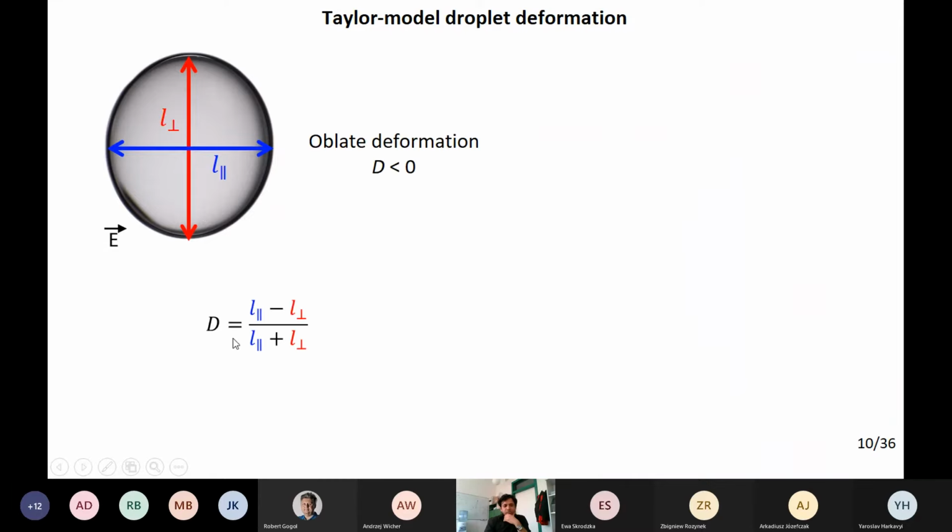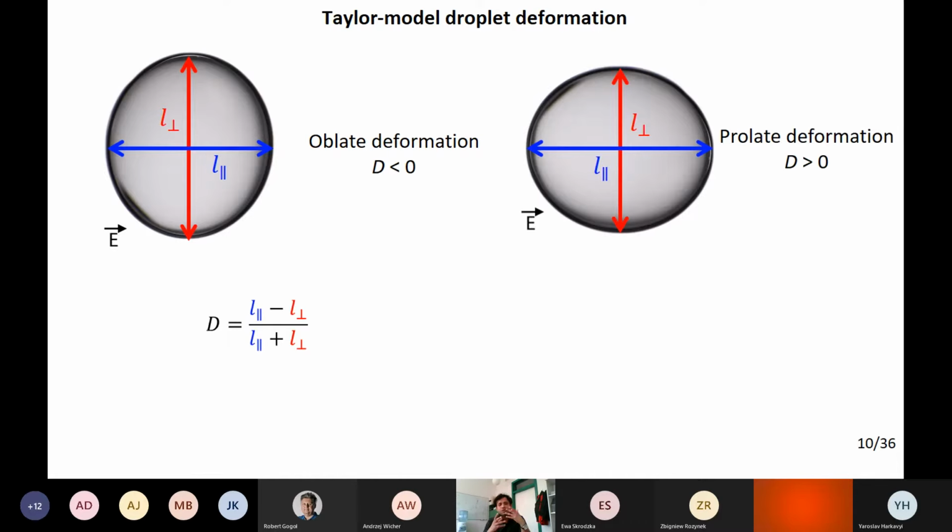If we put the values of these lengths into the formula, we calculate the magnitude of the droplet deformation at any instant. If this deformation is negative, we call it oblate deformation. If the deformation is positive, we call it prolate deformation.